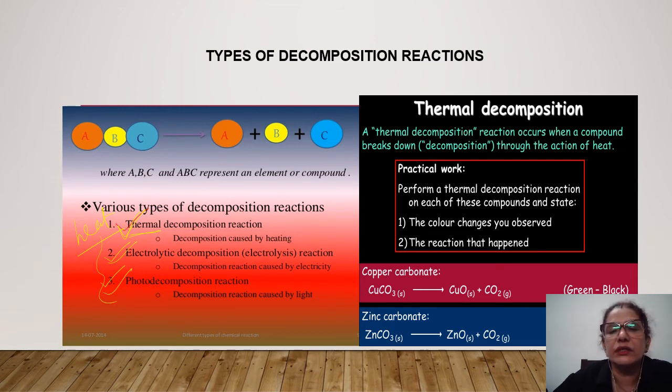So let's see what is thermal decomposition. Thermal, we have already known, is heat. Whenever a decomposition takes place in the presence of heat, it is known as a thermal decomposition reaction. You can conduct this practical work in the lab again to know how the decomposition takes place. As we have seen, ferrous sulfate crystals were heated. That was thermal decomposition.